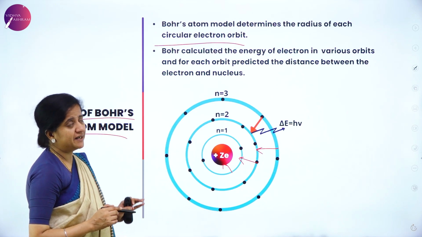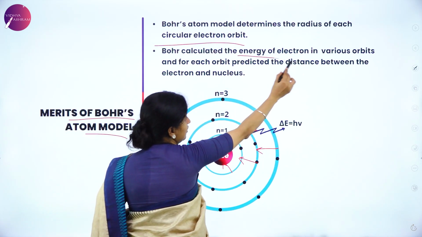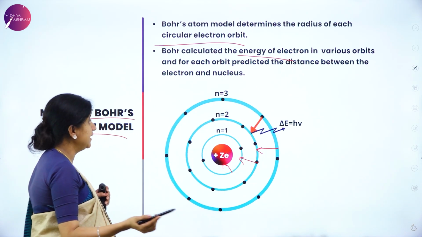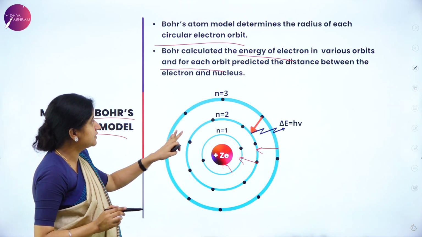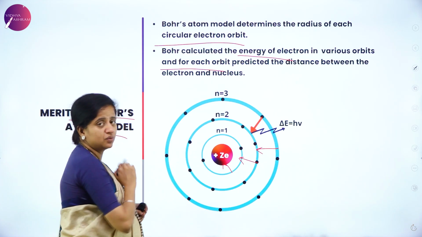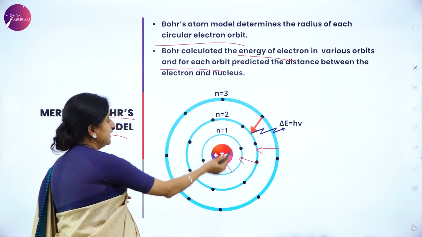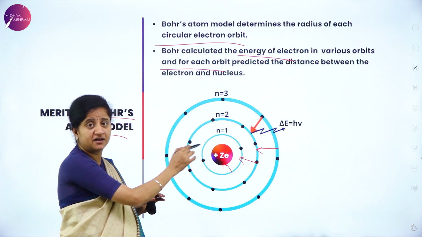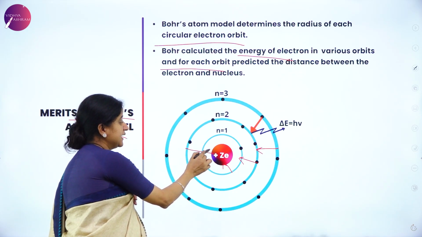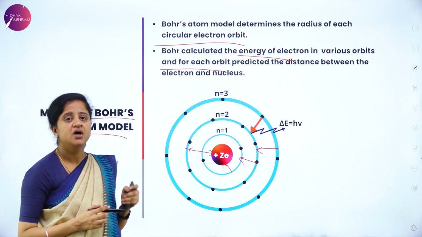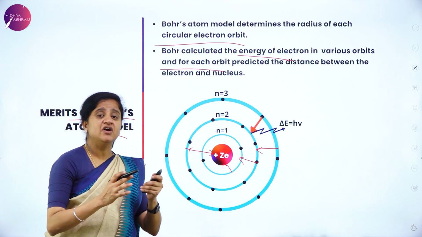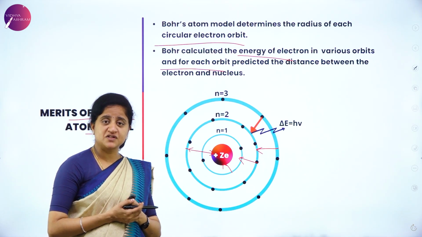He also calculated the energy of an electron in various orbits, and for each orbit he predicted the distance between the electron and the nucleus, because he says that electrons can revolve only in particular orbits. So the distance between the electron in a particular orbit and the nucleus can be calculated with the help of Bohr's atomic model. So now we got to know the basic things about Bohr's atomic model.